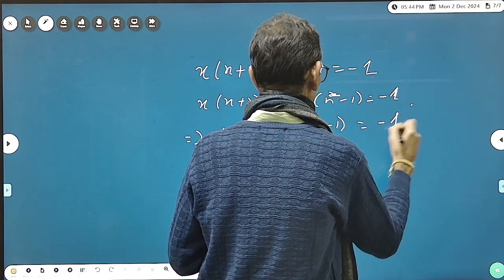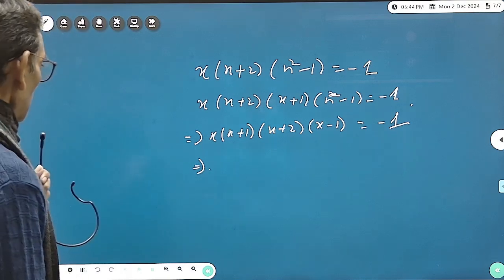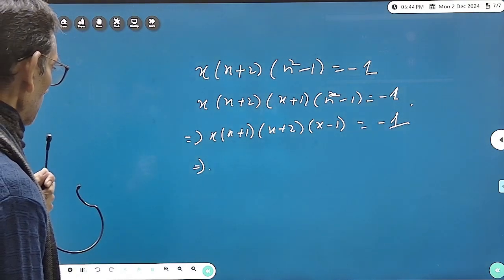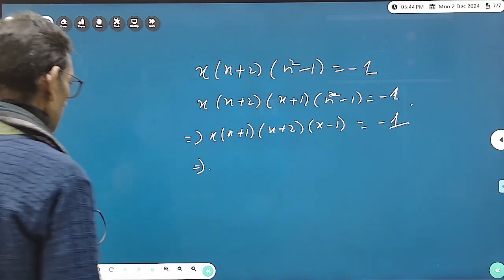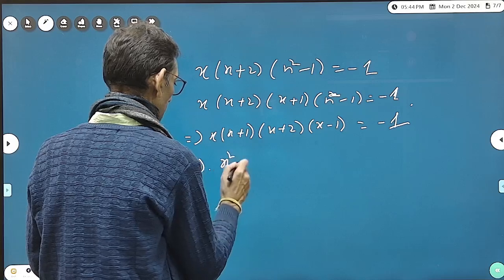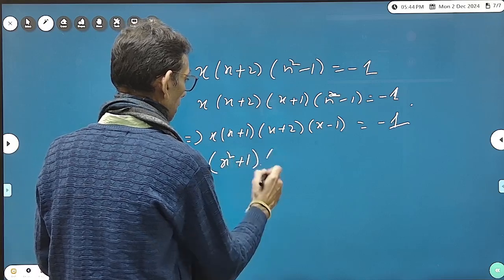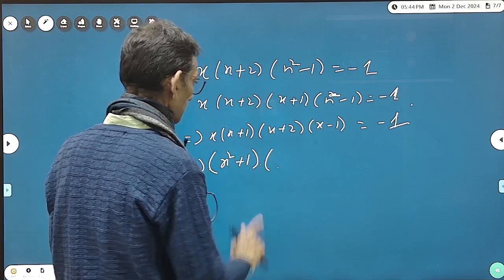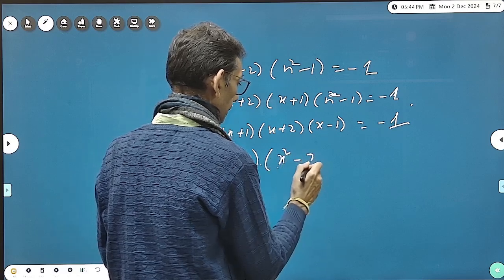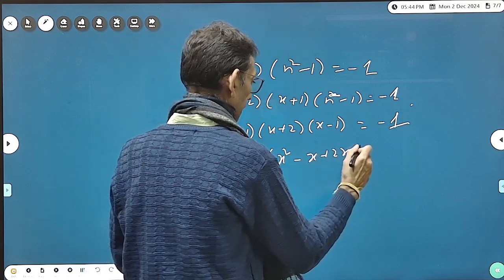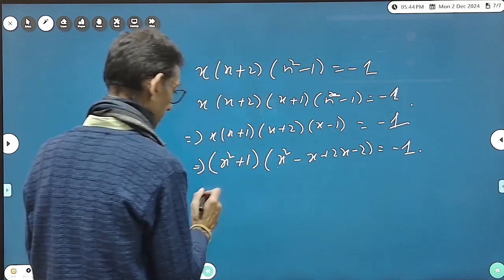Here if you multiply these two, x square plus x will come, right? We can use x square plus x somewhere. Here x square plus x will appear, and minus x plus twice x minus 2 will also appear, right? Then you can use that formula.